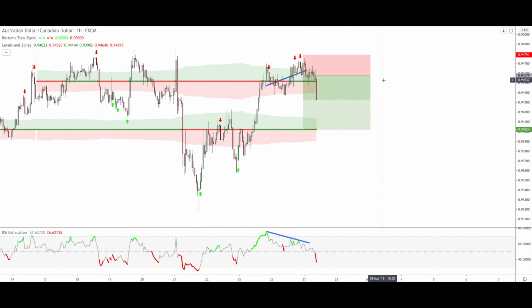But the most important thing is that right now we are below the level, so this level is now our resistance, and it has dramatically increased the likelihood that we will reach the target.